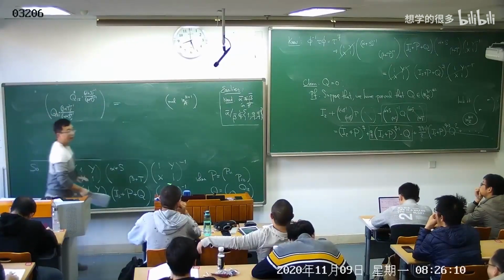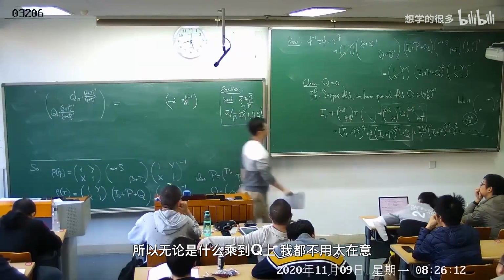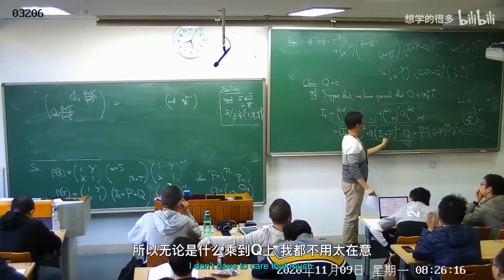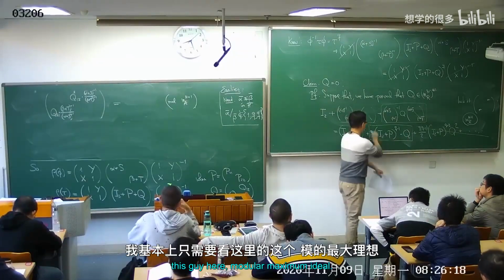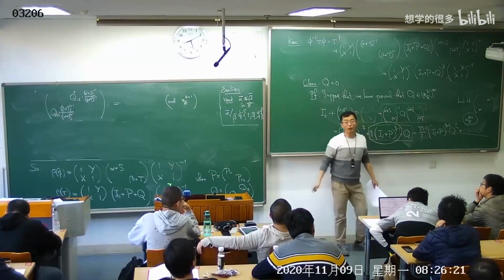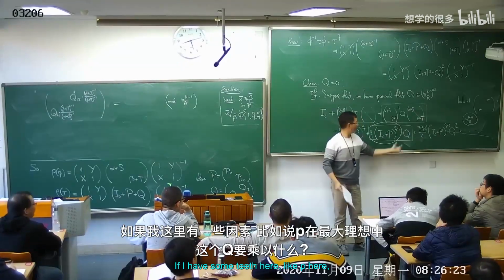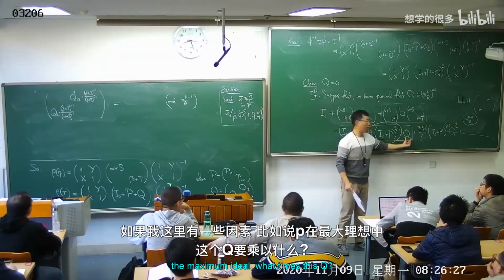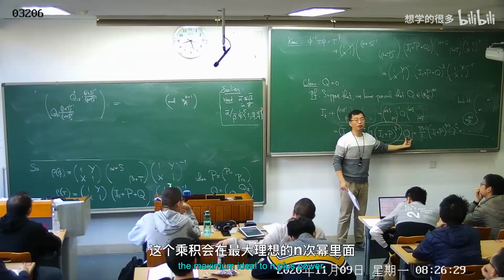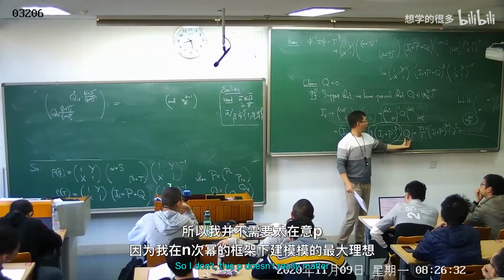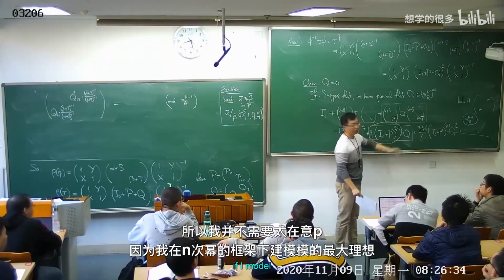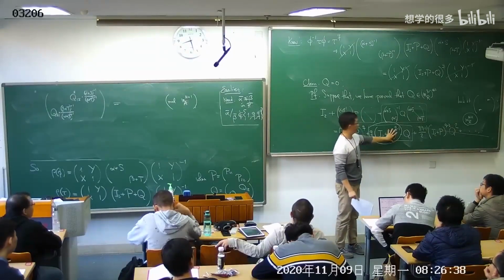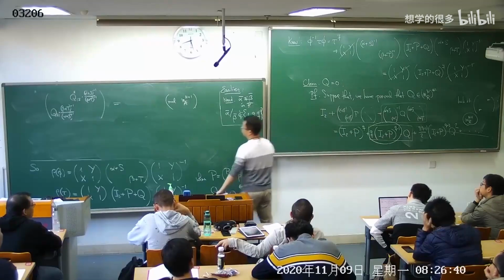So whatever multiplies onto Q, I don't have to care that much. I basically just need to look at this guy here, modulo the maximal ideal. If I have some piece here, like P, which is in the maximal ideal, times this Q, the product will be in the maximal ideal to the n plus first power. So this P doesn't really matter modulo the maximal ideal to the n plus first power. So I don't have to look at the P. So all I get is just Q times Q.